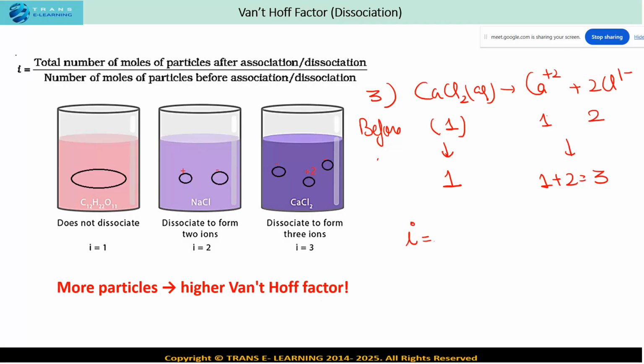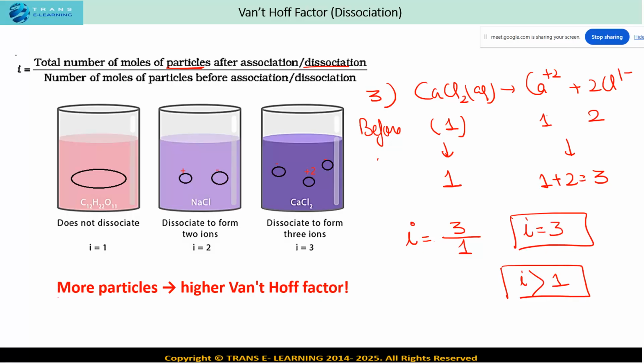So the Van't Hoff factor is the number of moles of particles after dissociation, that is 3, divided by the number of moles of particles before dissociation, 1. So the Van't Hoff factor will be 3, and it is greater than 1 because more particles means a higher Van't Hoff factor.